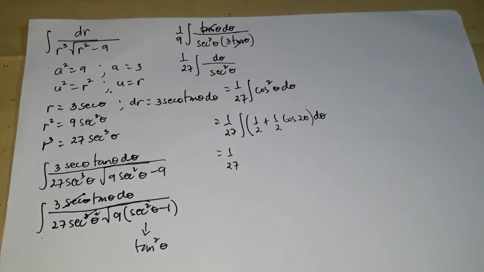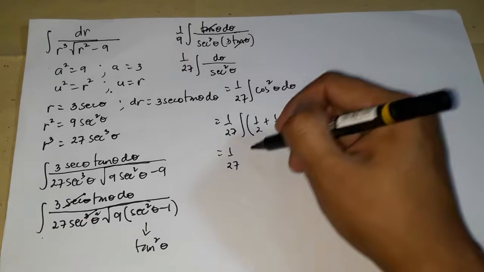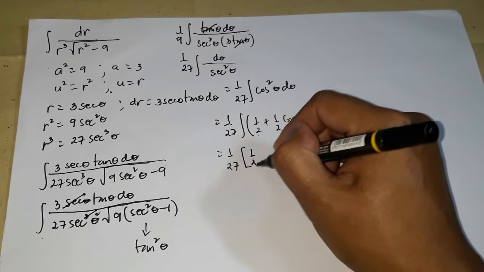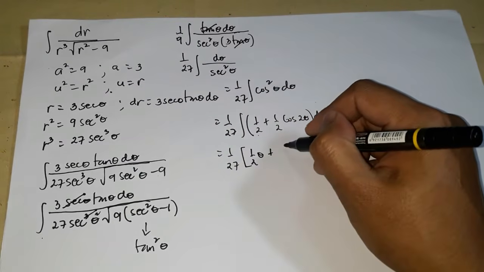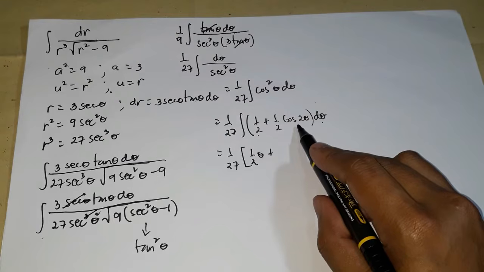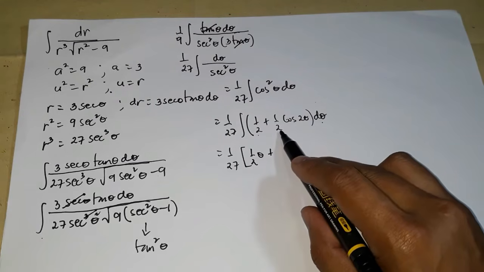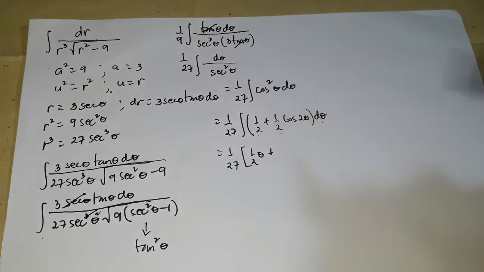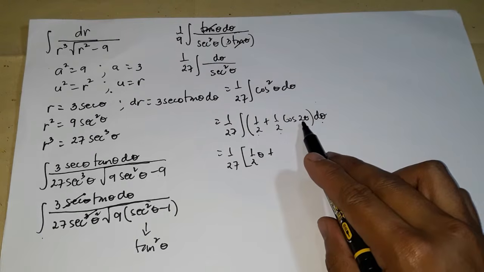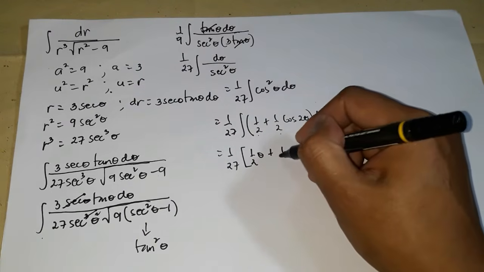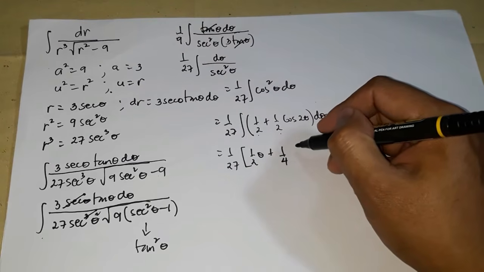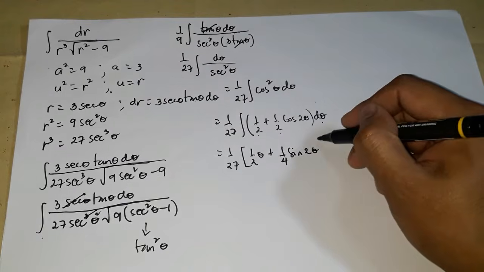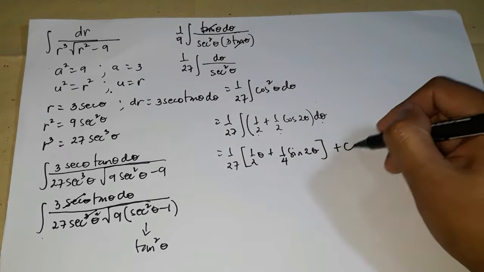So we have 1 over 27 times 1/2 theta plus the integral of cosine is sine, and then 1/2, then the derivative of 2 theta is 2, you get the reciprocal of it, so that will become 1/2 times 1/2, it will now become 1/4. Then the integral of cosine is positive sine 2 theta, and then plus c.